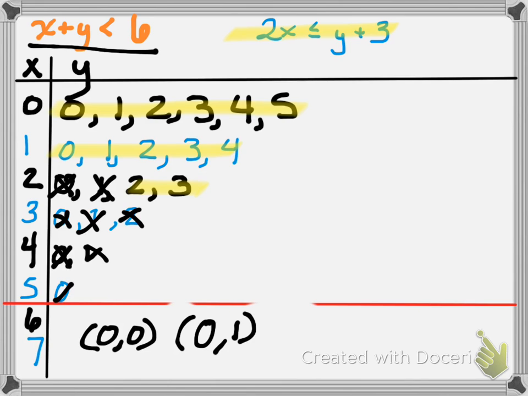And so 1, 0, 1, 1, 1, 2, 1, 3, 1, 4, and so forth. Those are each solutions. So the solutions are anything that makes both rules true. Does that make sense?